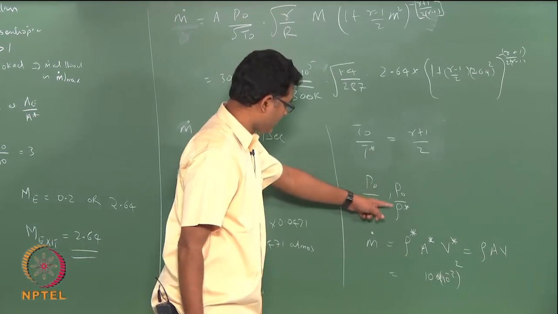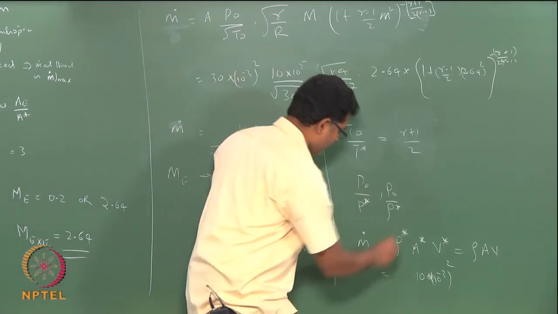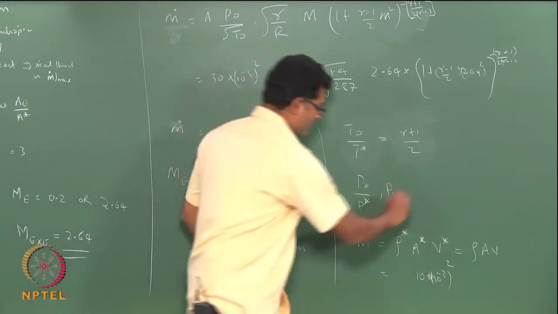Rho star I would get from here, which is again a constant.